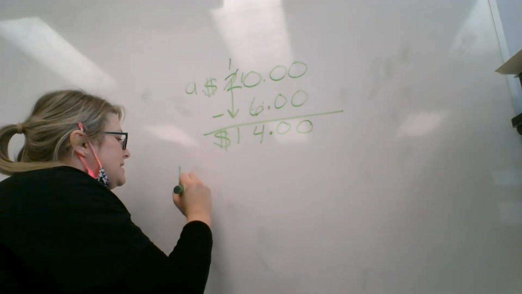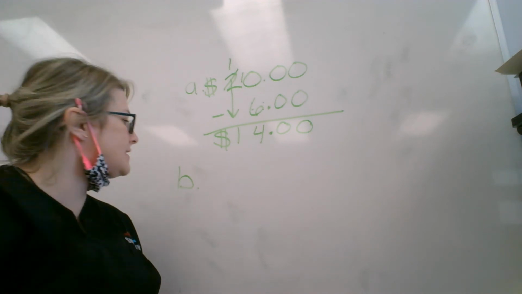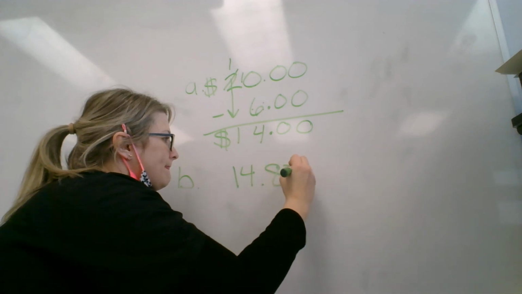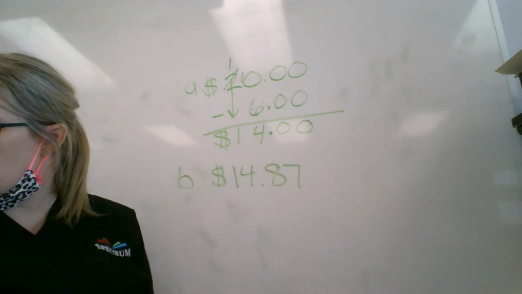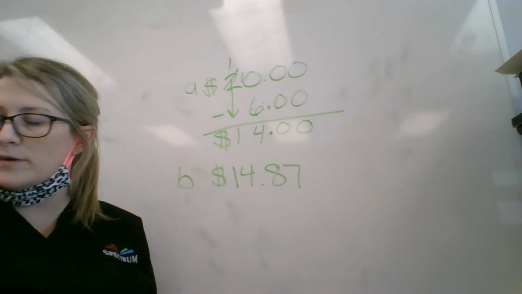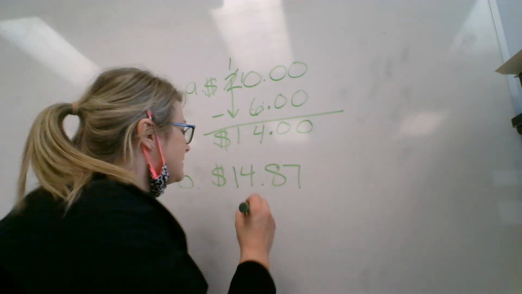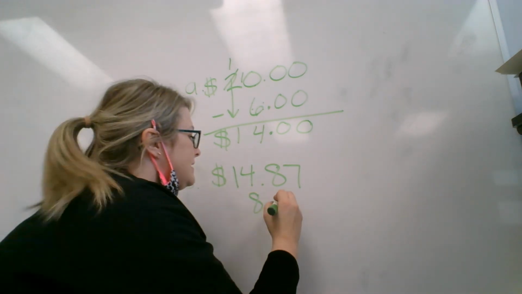All right, problem B. Joe started with $14.87. He bought the bat. How much did he end up with? All right, so the bat was $8.17.